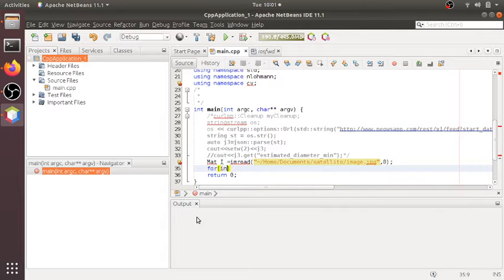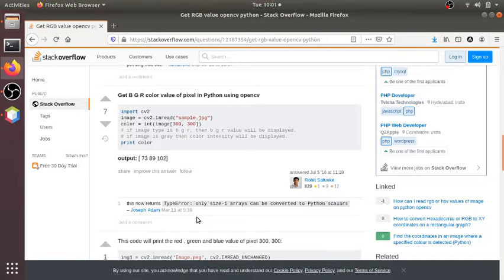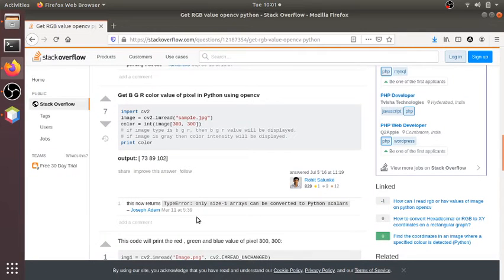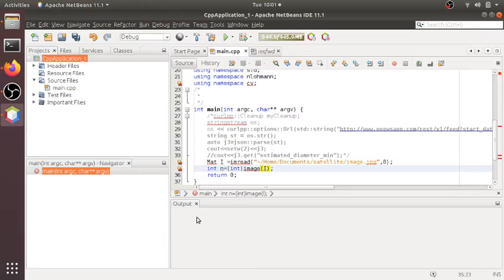So for int i, okay, let's do int n equal to int image i. Oh, image, how? Image is the imread, which is i, and color will be int image. Where is it shown? Is it put inside this or outside this?